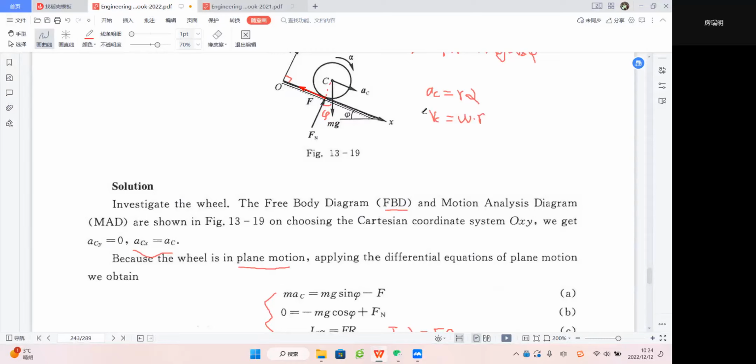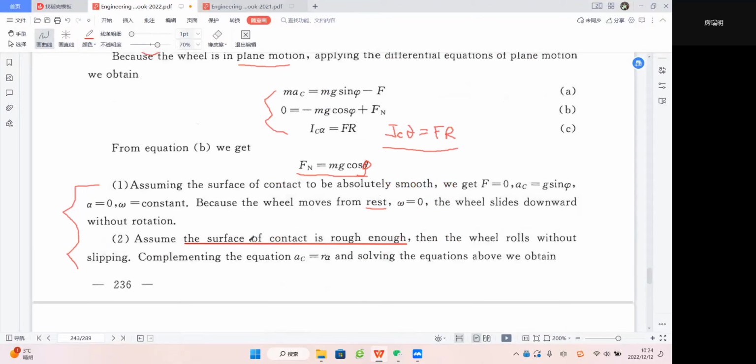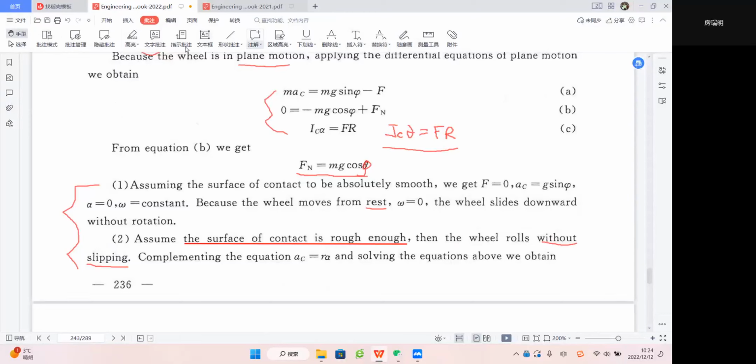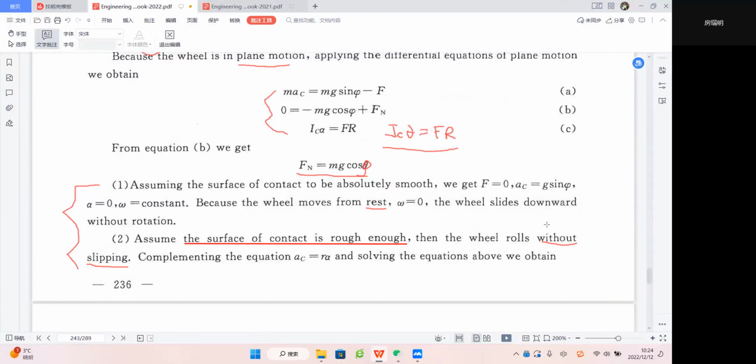So we take the derivative of both sides of this equation. We will easily have a_C, right? Because the derivative of omega is alpha, so that's why we have a_C equal alpha R. So if this case is true, then the wheel will roll without slipping. 纯滚动. You can still remember we have this terminology 纯滚动.